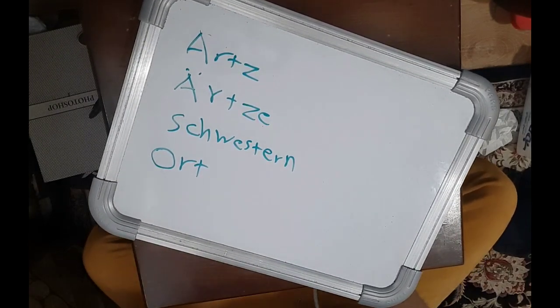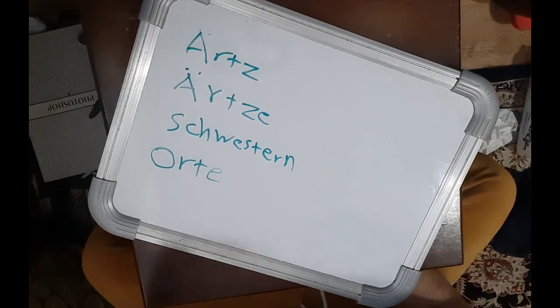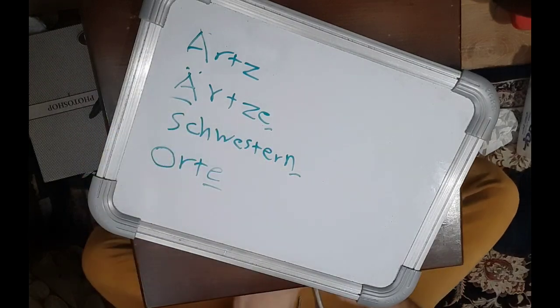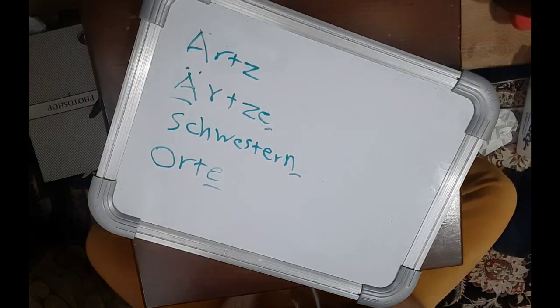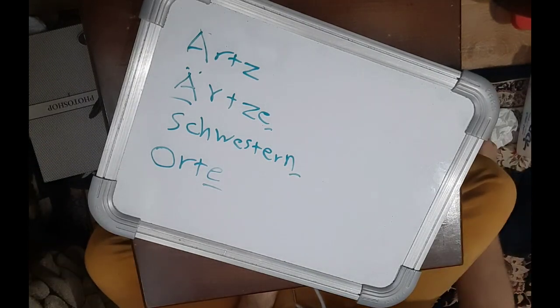That kind of a place. Ort, and then Orte. Now it is plural. See, there's different ways to pluralize and there's more exceptions. But still, it's kind of simple. It's mostly with the sound A and the sound N that it is pluralized.